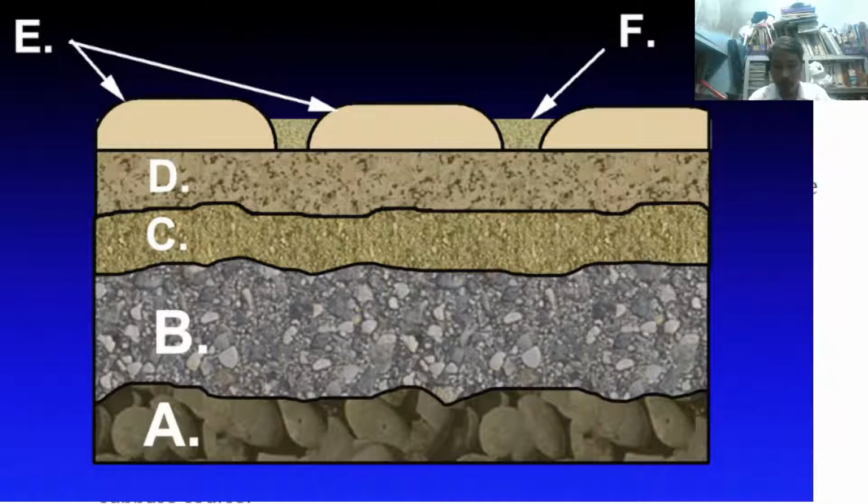Then letter D, that is the paver base, or pavement base. And letter E, that is paver, from the word pavement, that is pavers, spelled P-A-V-E-R.